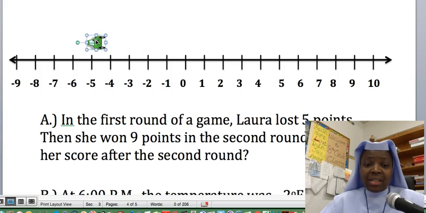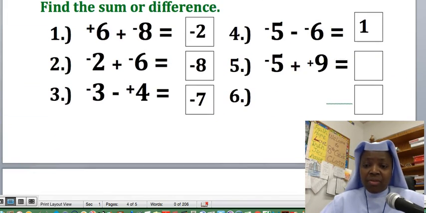And then, because it's addition, we're not going to change the car, but we're going to take 9 steps forward. 0, 1, 2, 3, 4, 5, 6, 7, 8, 9. Okay, that gets us to positive 4. Therefore, the answer will be 4.